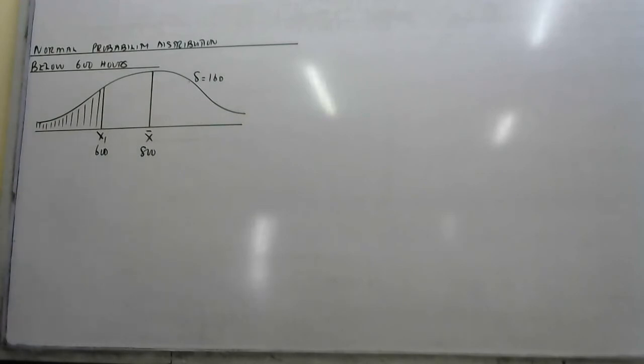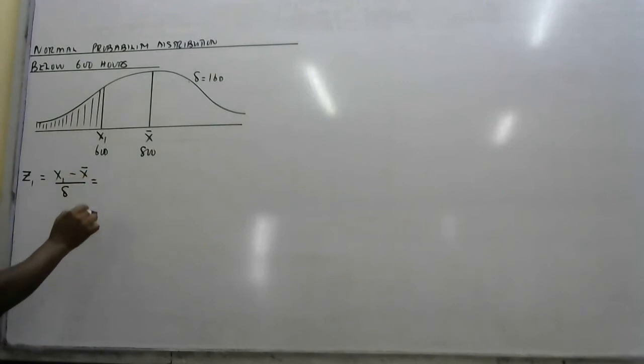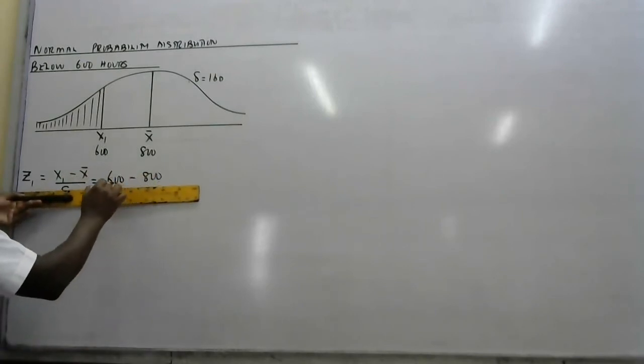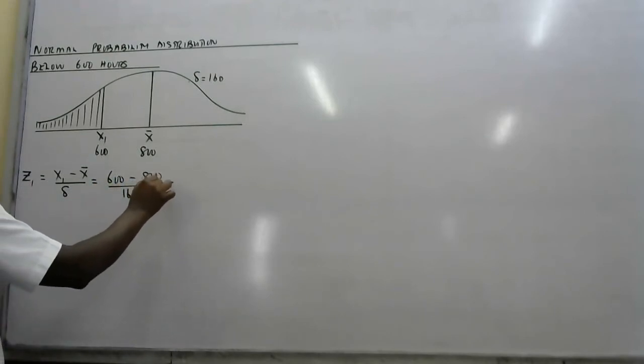So if it's 600 that way, then we know that Z1 is X1 minus X bar, you divide by standard deviation. So this will be 600 minus 800, you divide by 160.